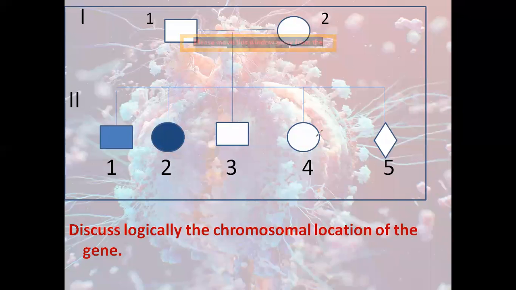So if they ask to give the genotype, these individuals, 2-1 and 2-2, are affected. So both of them should be D small, D small. Why? Because both of them are affected and the allele of the disease is recessive with respect to the normal dominant allele. So here we can say that this is the case where the recessive allele should be expressed in the homozygous. Pay attention. Sometimes they're going to ask you to indicate the genotypes.